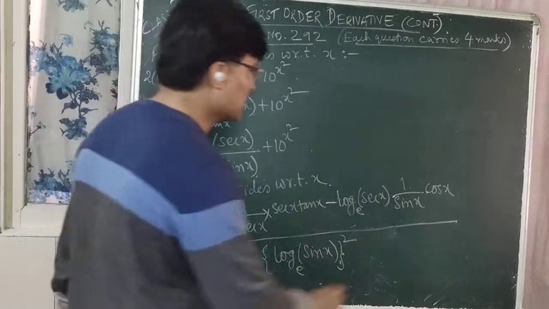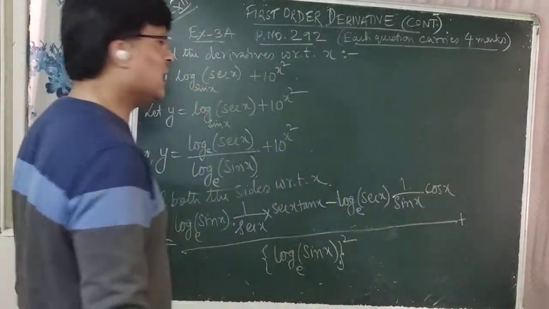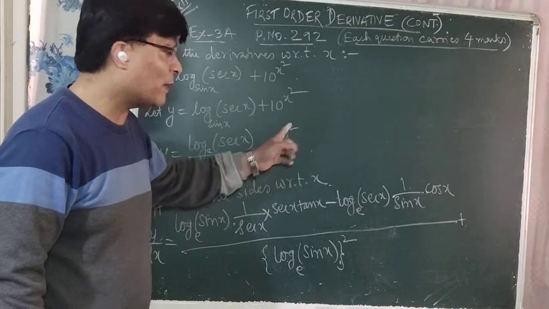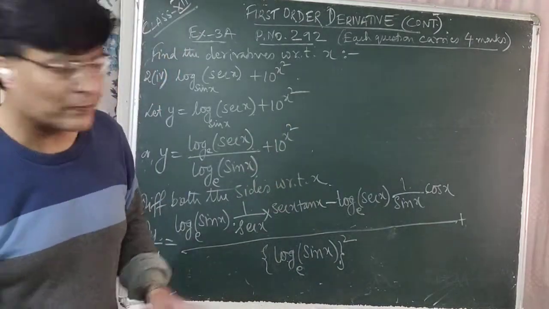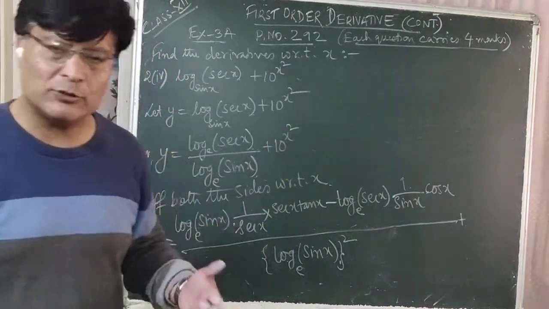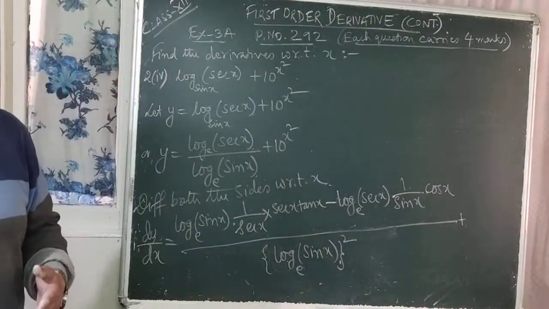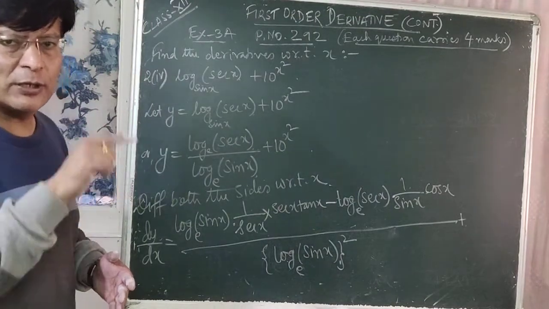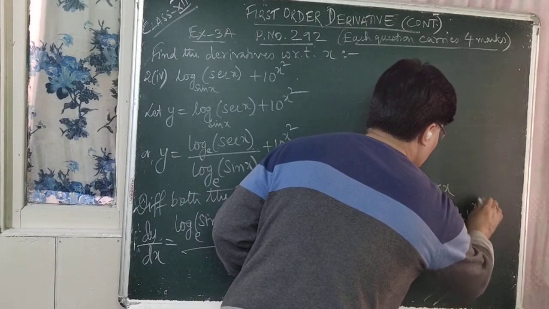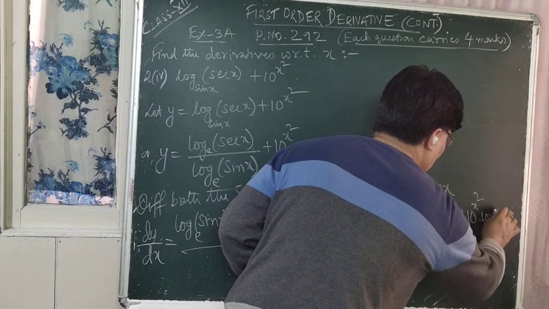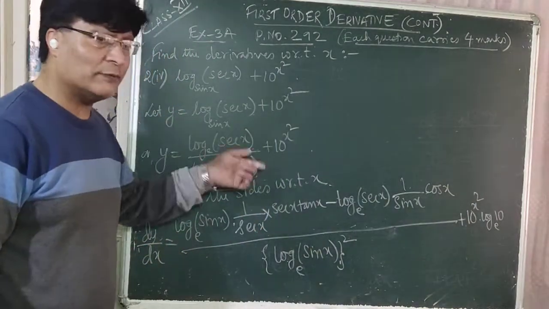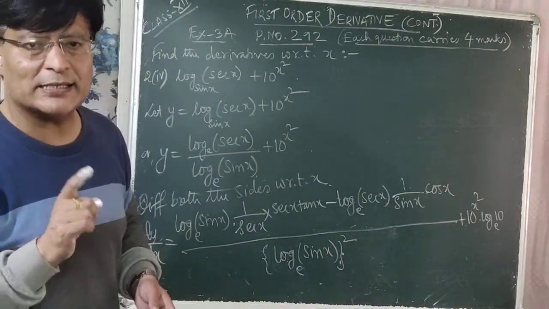Right? Plus. Again you have to differentiate the second term, 10 to the power x square. How will you differentiate it? Your base 10 is a constant, x square is the variable. You should take it as a to the power x. What is the differentiation of a to the power x? You know that it is a to the power x log a base e. But here it is 10 to the power x square into log a, log a means here log 10 base e, into, again you have to differentiate the function which is assumed as x.